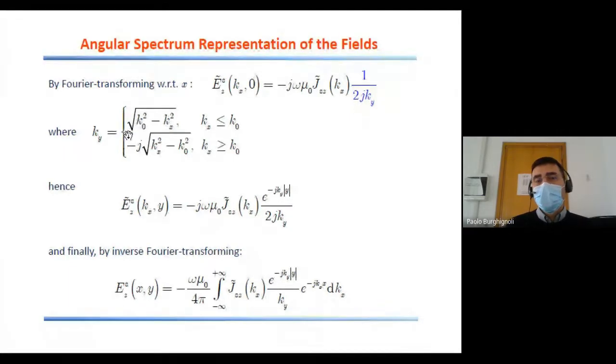For the vertical wave number, we have to use the separation condition. So we have the square root of k0 squared minus kx squared in the so-called visible range, where the modulus of kx is less than k0, whereas we have minus j square root of kx squared minus k0 squared in the so-called invisible range, where the plane waves of this spectrum are evanescent along y.